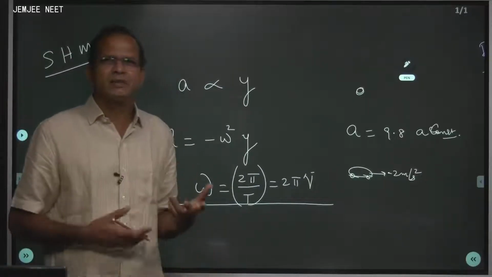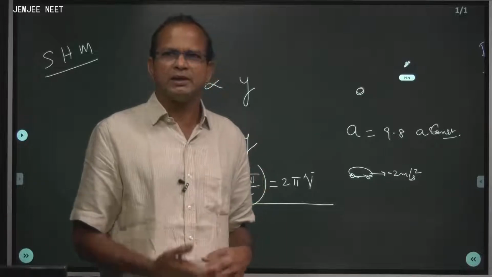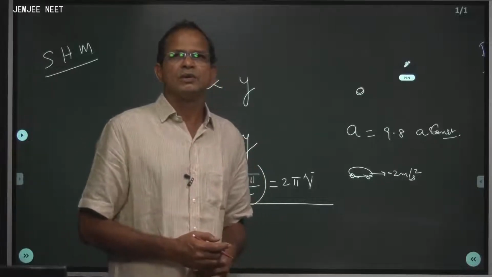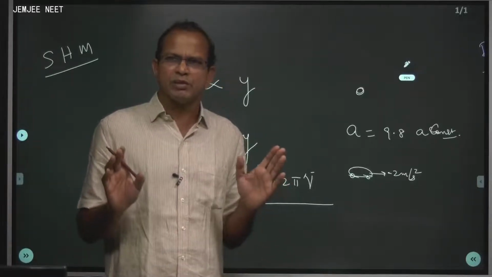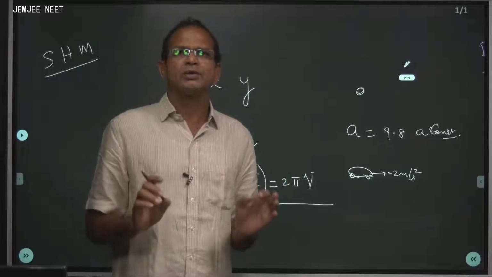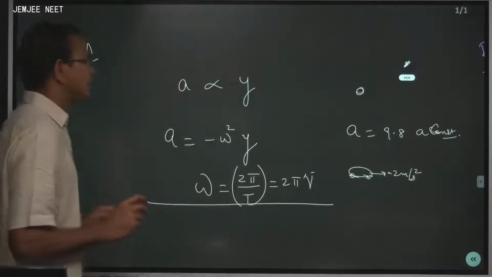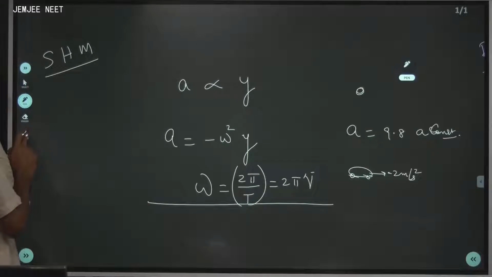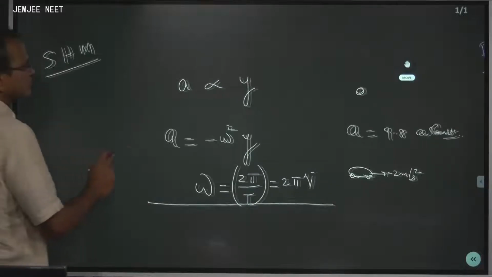Where else can we understand this simple harmonic motion in any other way? Yes, we can understand. How? Simple harmonic motion is the motion in which you can describe displacement as a function of a sinusoidal function.